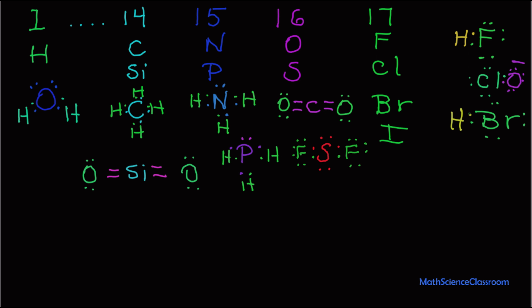Next would be iodine monobromide. So for iodine monobromide, we'll begin with the bromine. So it's a halogen, so 7 outer electrons, and iodine is also a halogen.